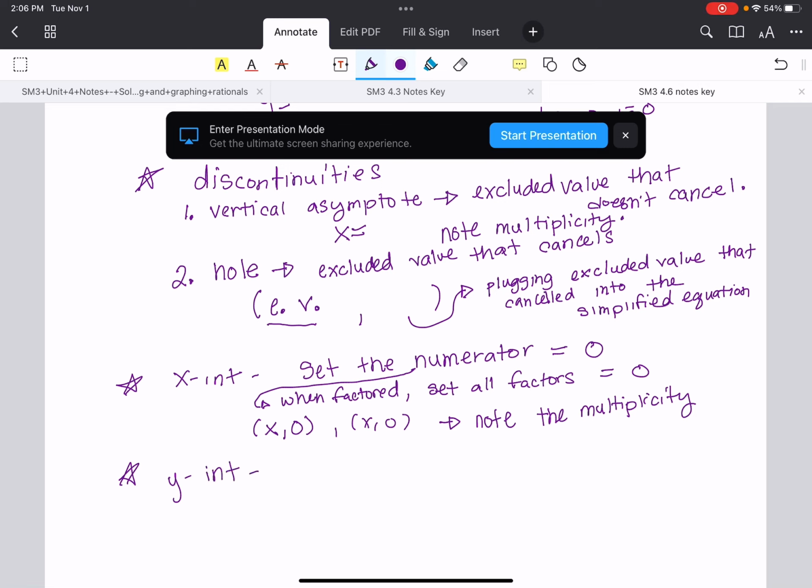For the y-intercept, plug in 0 for all x's and solve.